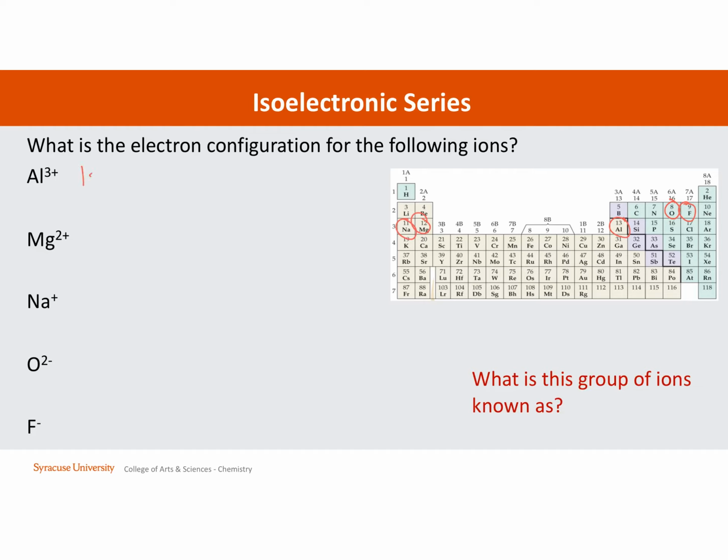So aluminum ends up being 1s2, 2s2, 2p6, aluminum 3+. Because I'm atomic number 13, to be 3+, I'm going to lose 3 electrons. I need to have 10 electrons total. 1s2, 2s2, 2p6, that's 10 electrons. I'm isoelectronic with neon.